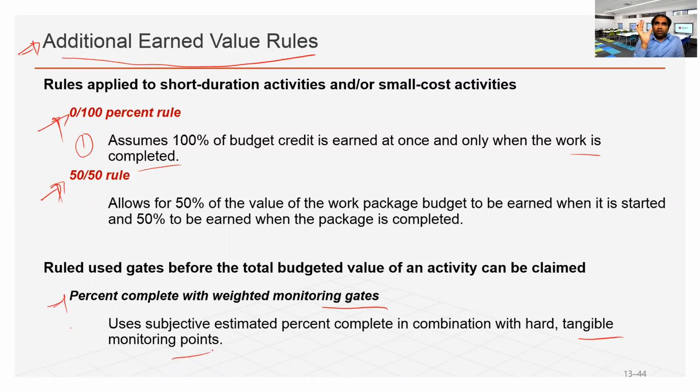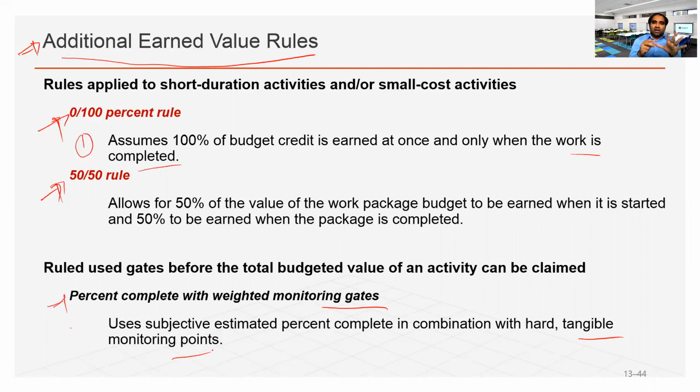Like if I have to budget and develop the software programming and then build the hardware with specific milestones, those are monitoring gates. As you complete each one, you can allocate a specific point. If we have completed up to the programming stage, maybe 25% of this work package we can assume to be completed. So that is an estimation.